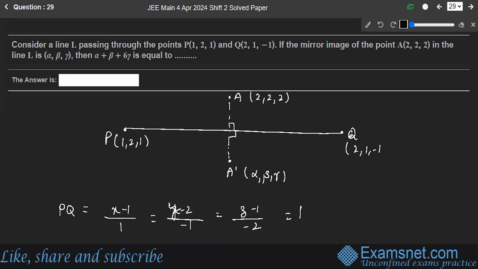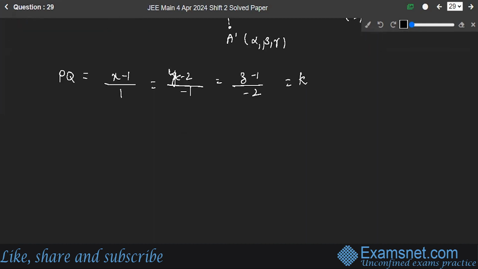So let's say this is equal to some k, and the general point will be given by k, k plus 1, minus k plus 2, minus 2k plus 1. This is the general point which is given for this line.